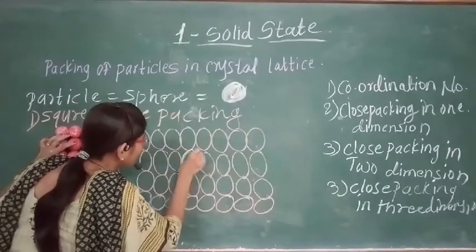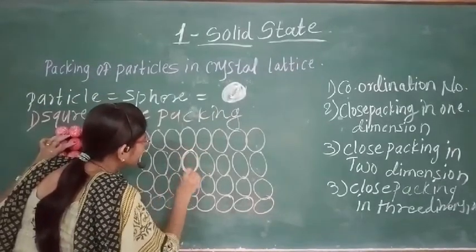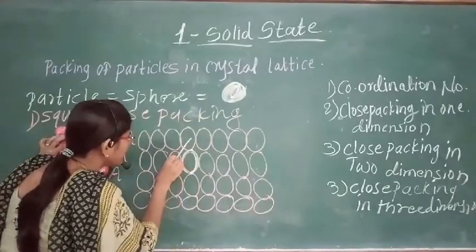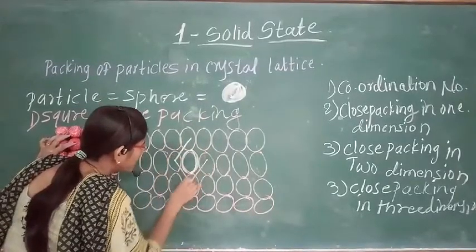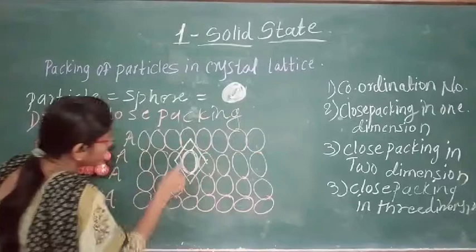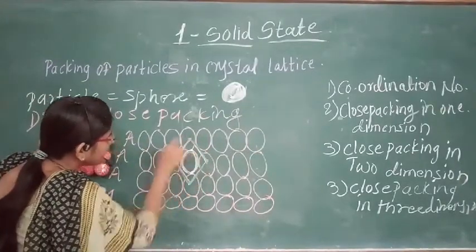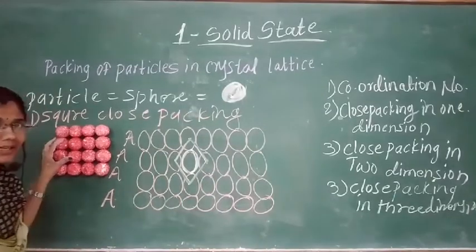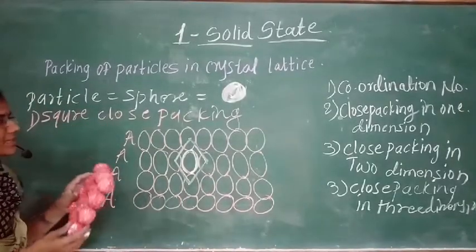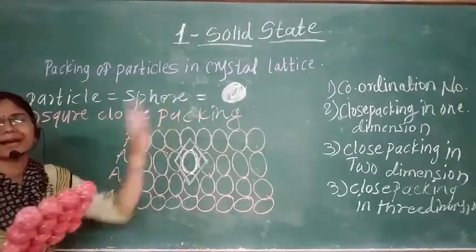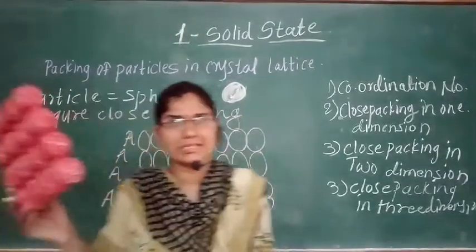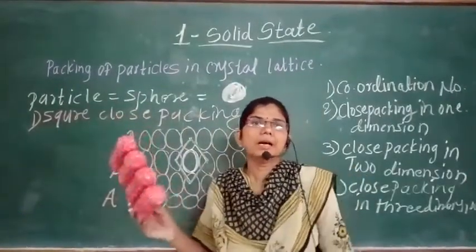This sphere touches four spheres and it forms a square. It forms a square, which means the packing is a square close packing.